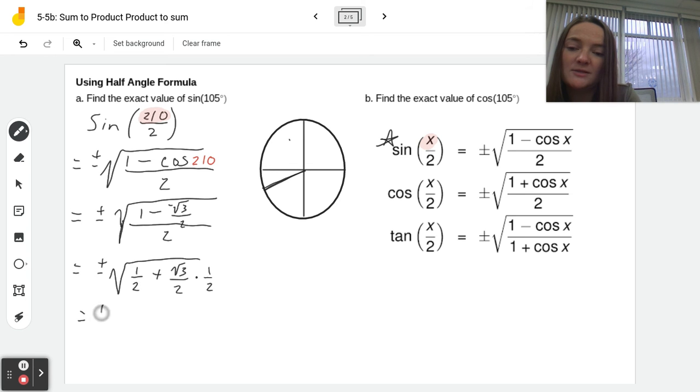So what we're going to end up getting is plus or minus the square root of 1 over 2 plus radical 3 over 4. If we want to, we can get a same denominator by multiplying this first fraction by 2 over 2.